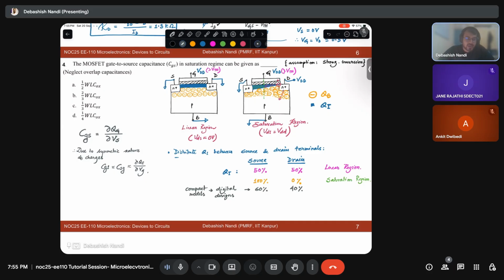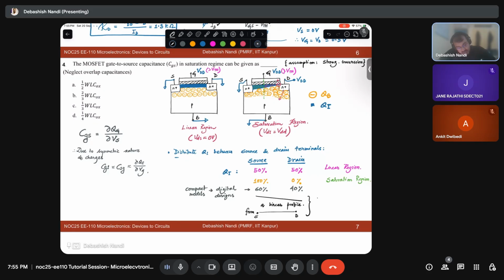However, more accurate way of representation is a linear profile. Okay. Basically, from source to drain, the charge concentration reduces linearly.